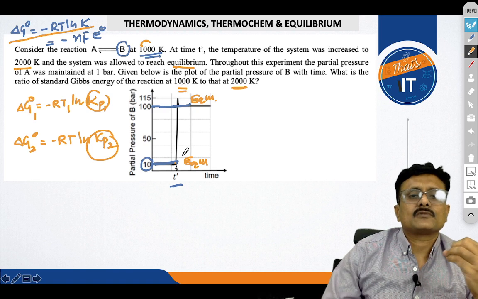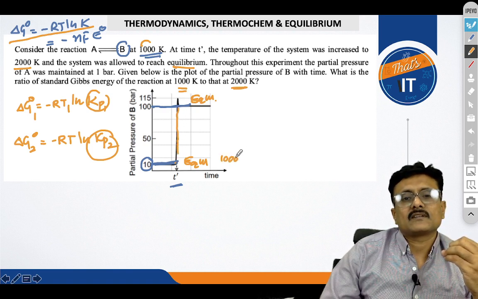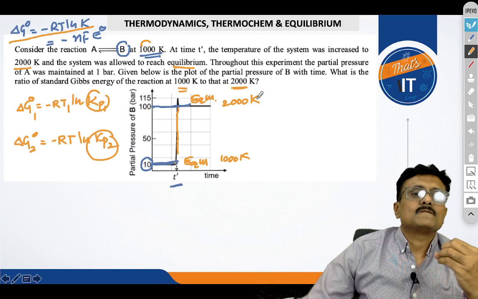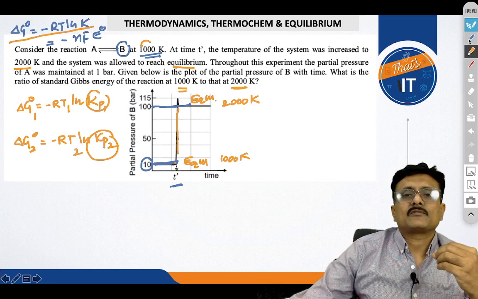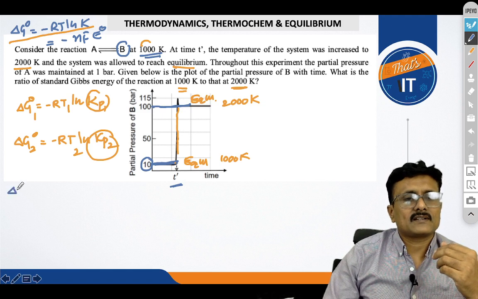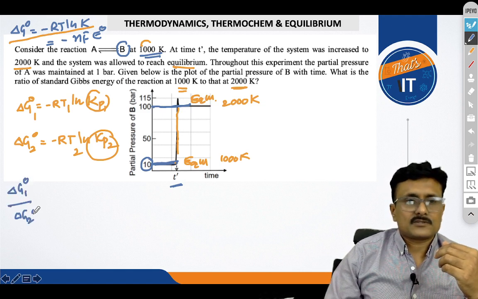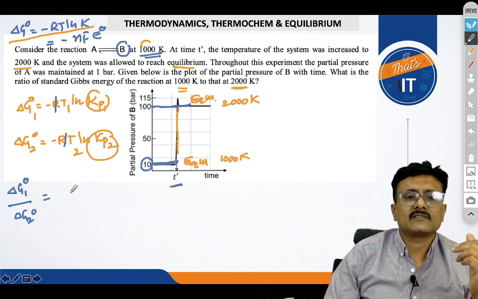So this is at 1000 Kelvin and heated to reach the equilibrium back at 2000 Kelvin. You need to substitute the values T1 and T2. You have to find the ratio delta G1 naught by delta G2 naught. R gets cancelled, and minus anyway got cancelled.